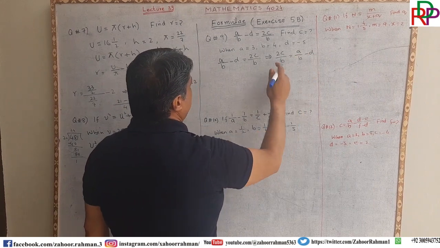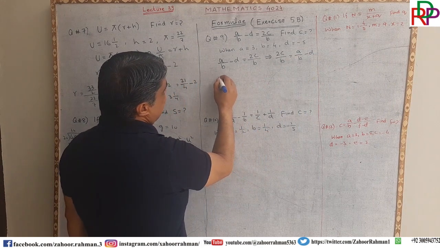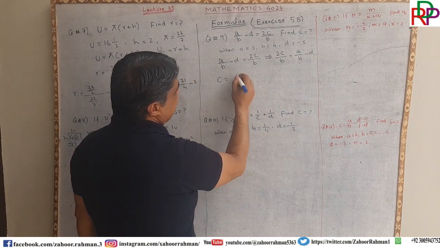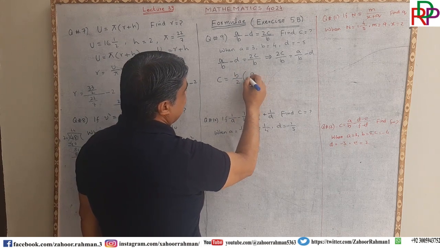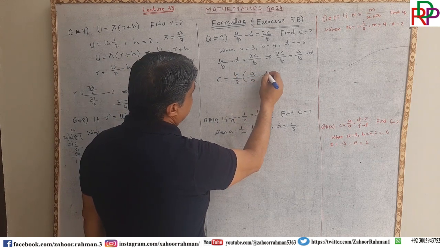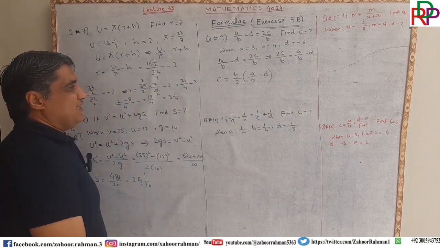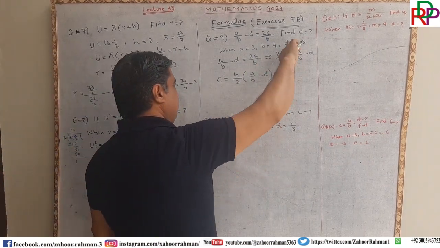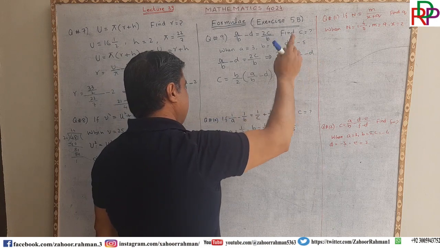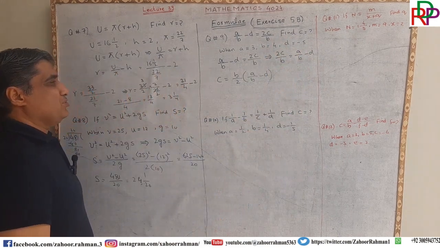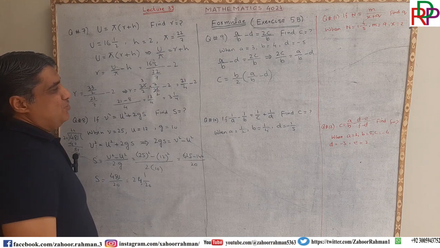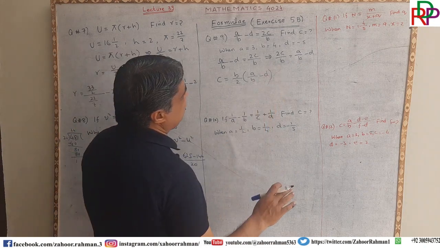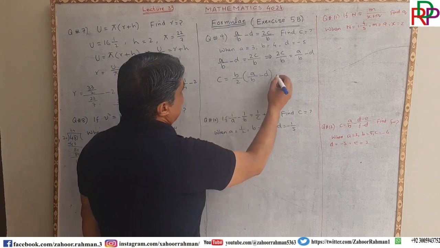Then I am taking that side, only c is remaining here, so b divided by 2, a divided by b minus d, because this 2 divided by b when going to that side will be multiplied, so it will be the reciprocal. Now we have to put the values.